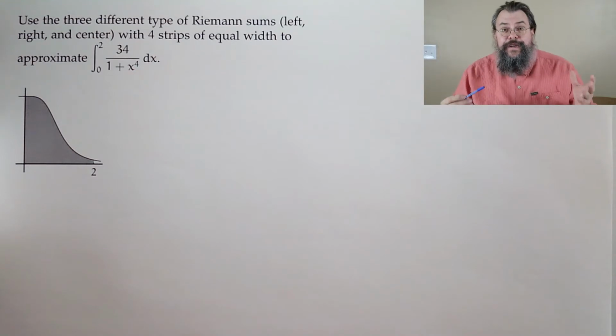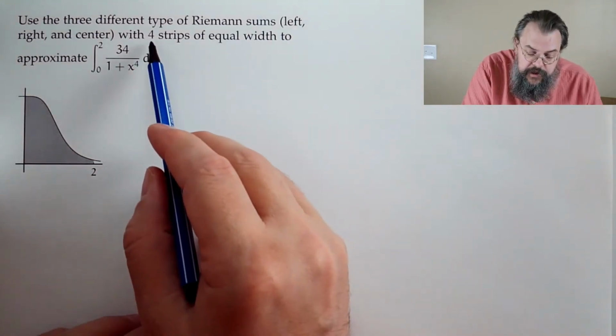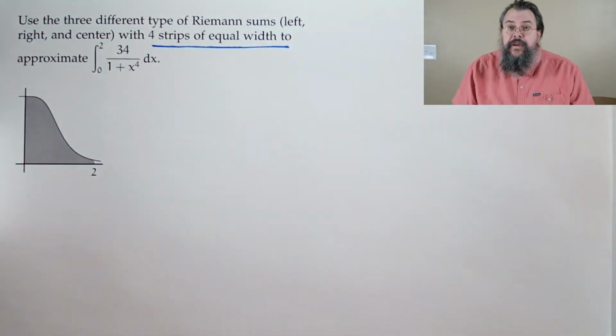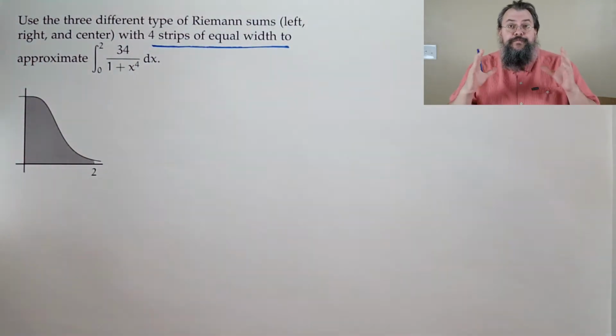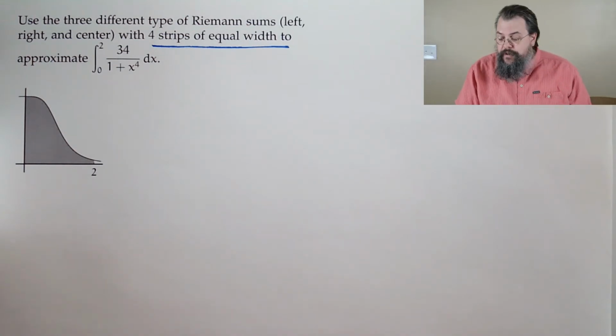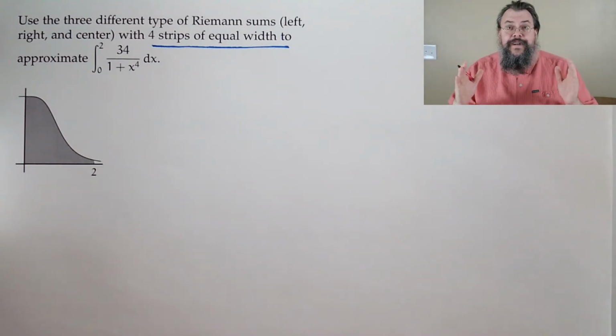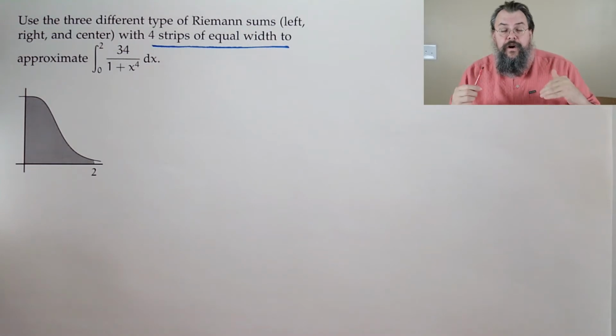So, how do we go about this? Well, we're told 4 strips of equal width. So what we have to do is we say, all right, we're going to break up our input into 4 parts. That's not so hard to do because we're going between 0 and 2. So if we want to start at 0 and end at 2, that's a distance of 2. And if we want to break into 4 parts, the widths are 2 over 4.